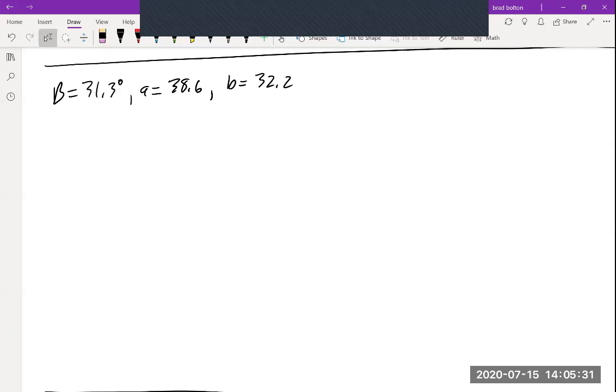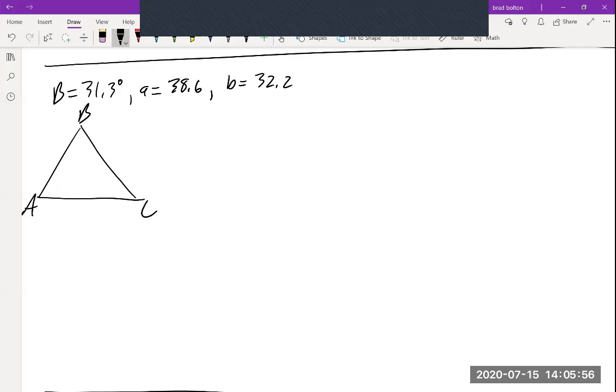Let's try this one. For this one, I'm going to try to build a little triangle. Let's see here. So let's say that we have, oh, I don't know. Again, I'm just drawing it just to draw it.